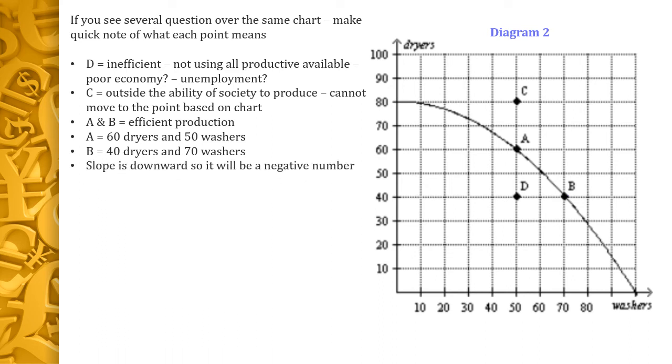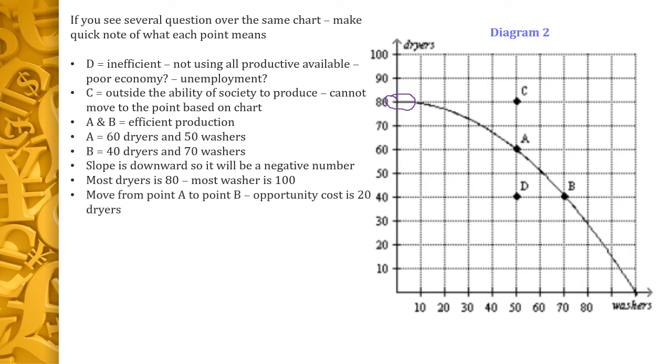We know the slope is downward, so there's got to be a negative number, and that the most dryers that they could make would be 80, because that's a question that I might ask. What is the most dryers that the society could make? Or I might ask you, what is the most amount of washers that they could make?